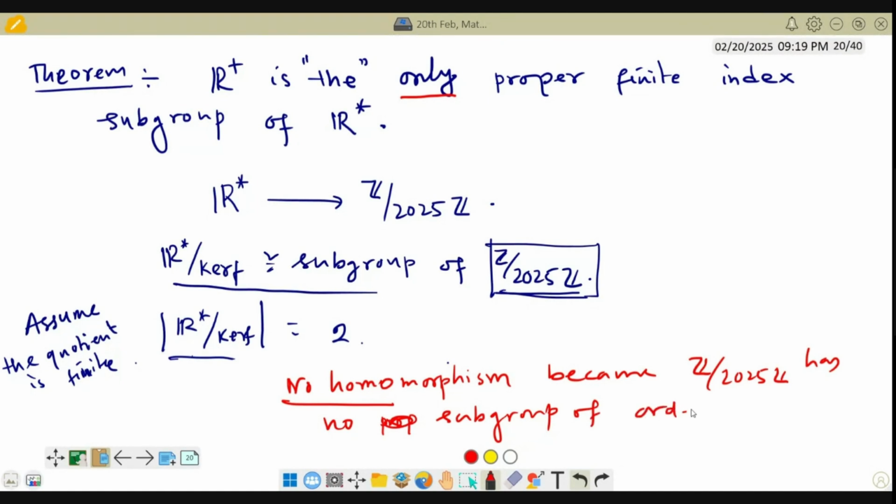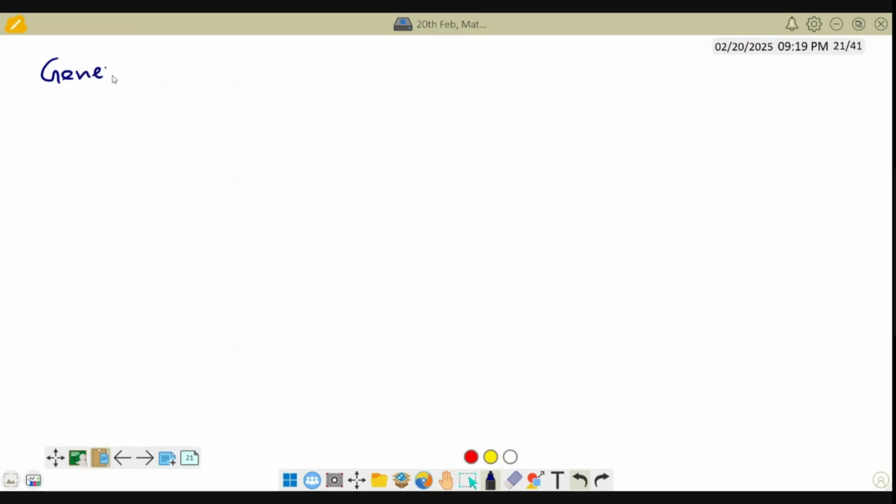Now can you generalize this result to any group? If you keep this in mind, can you generalize this? So for Z mod NZ, suppose N is odd.